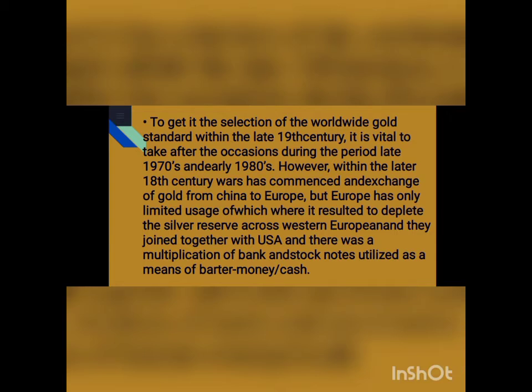However, within the later 18th century, wars had commenced and gold was exchanged from China to Europe, but Europe had only limited usage of it, which resulted in it being depleted. The silver reserves across Western Europe and the USA joined together, and there was a multiplication of bank and stock notes utilized as a means of barter for money or cash.